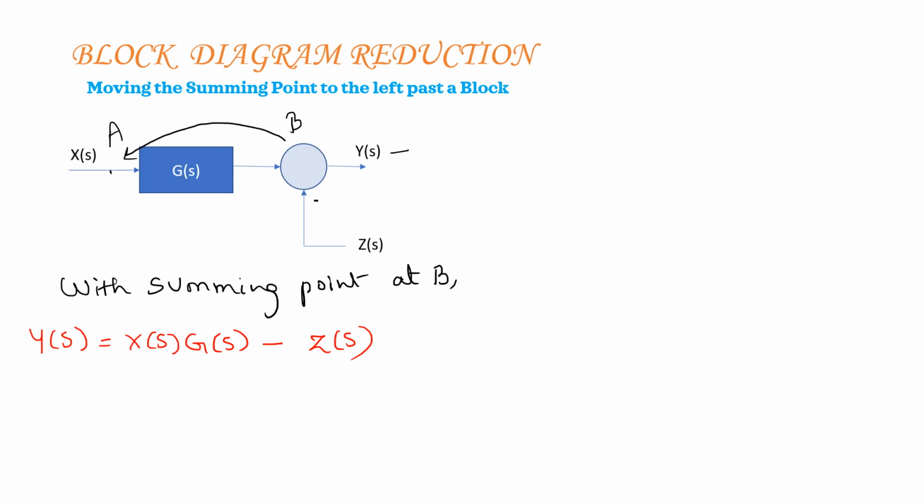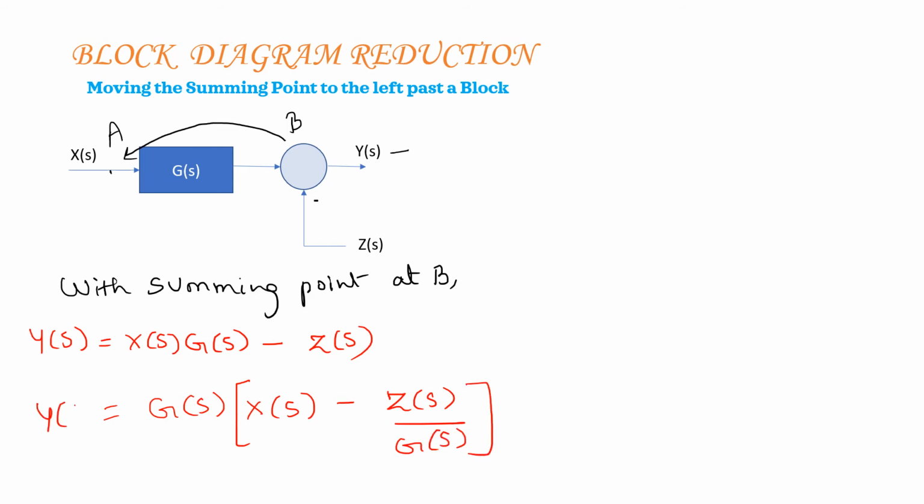So I need to take this g of s out. G of s is the block, right? So we have to take g of s out. So g of s is x of s minus z of s by g of s.